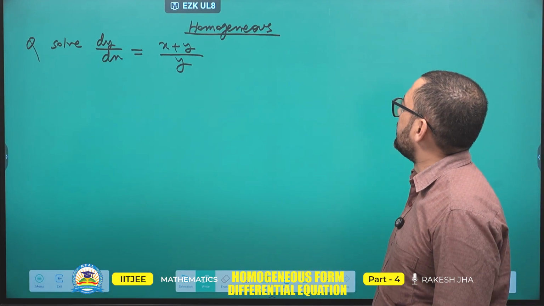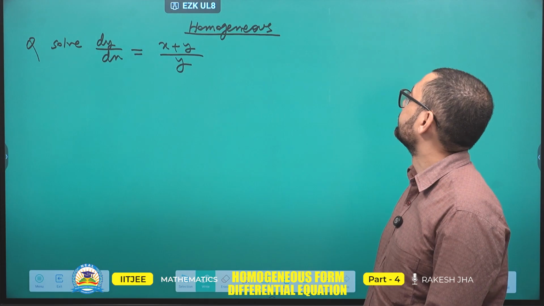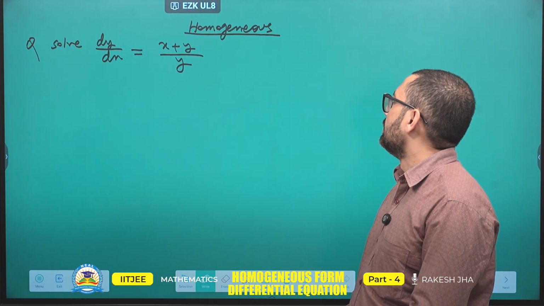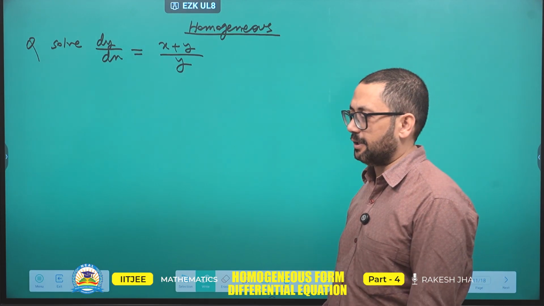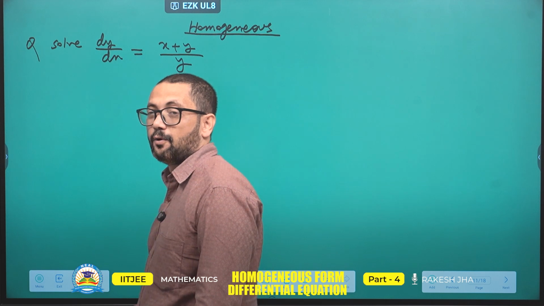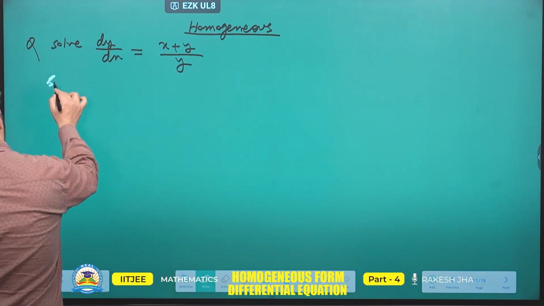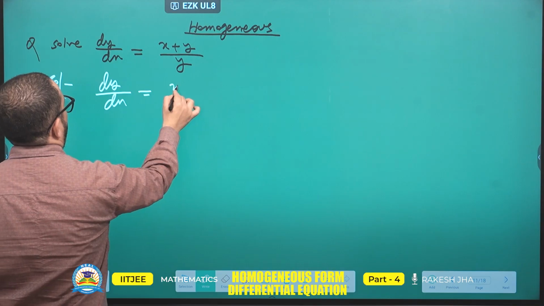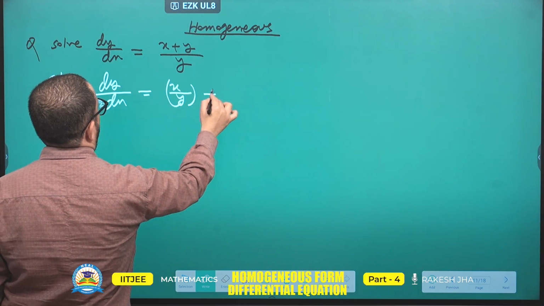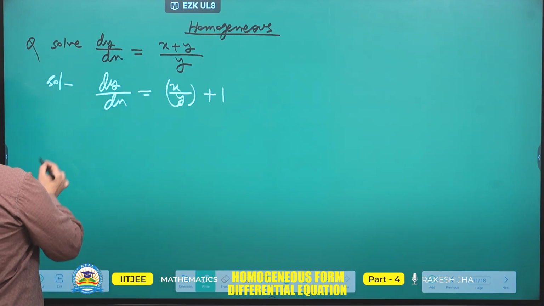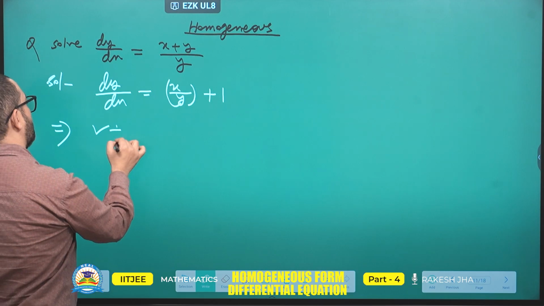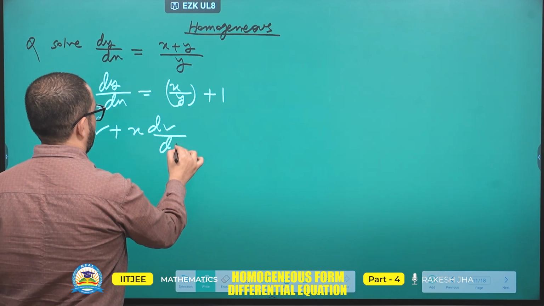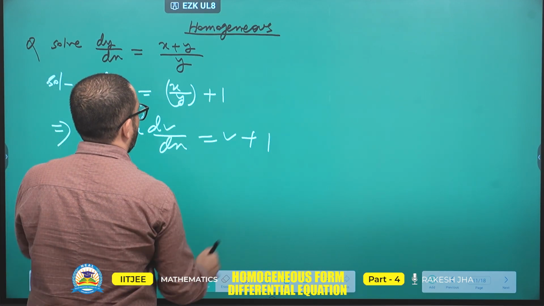Now let's talk about this one, just to see how it can be solved. This is again the form of homogeneous. So how will we solve? dy by dx is equal to x upon y plus 1. So the next step would be v plus x dv by dx is equal to v plus 1.